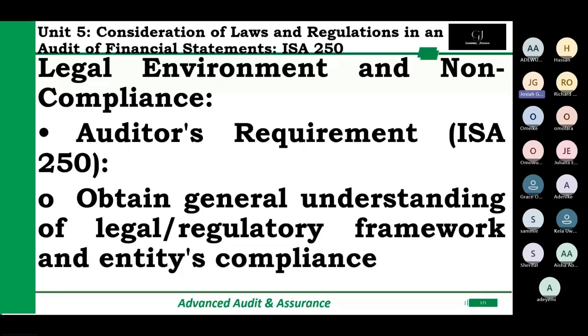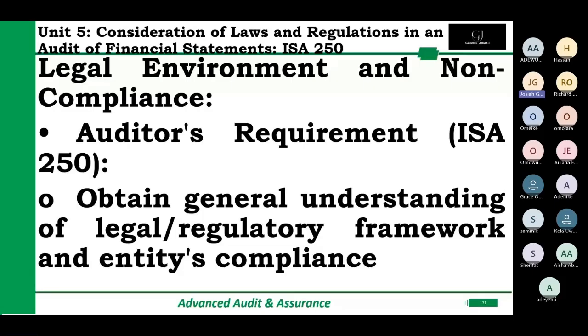So you can't audit a banking sector as you audit a pharmaceutical sector. They are two different industries. The FMCG is different from the banking space. So you must, as auditors, obtain a general understanding.